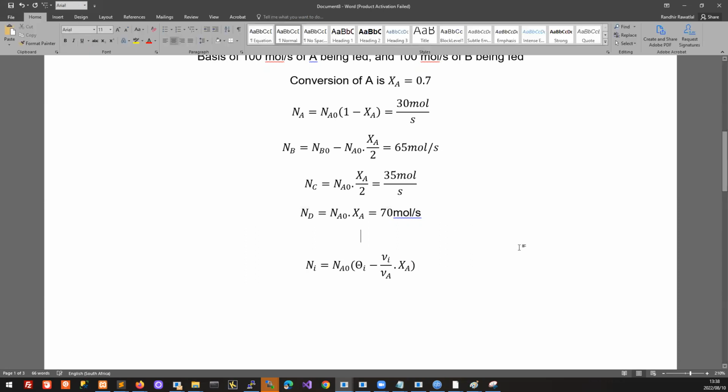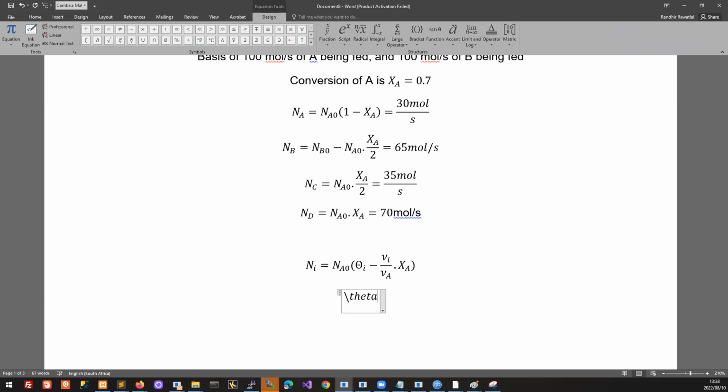So let's see if this has worked out. And let's start with component A itself. Noting here that beta i equals, and this is beta A. So it's a vector of each of our species.